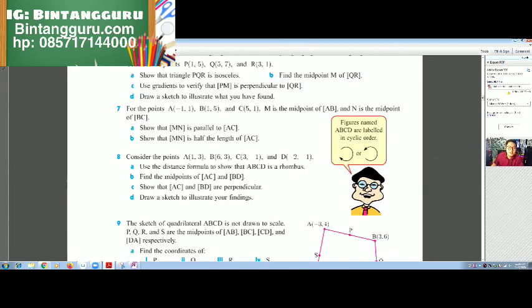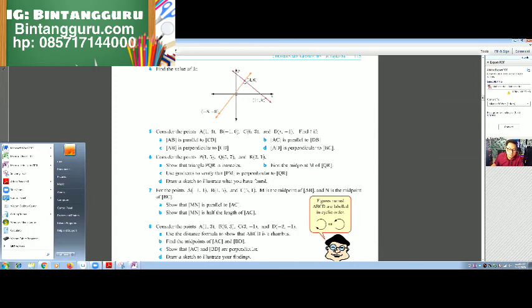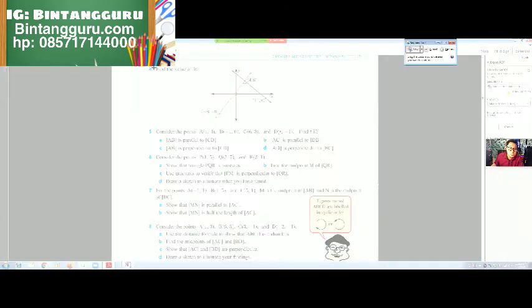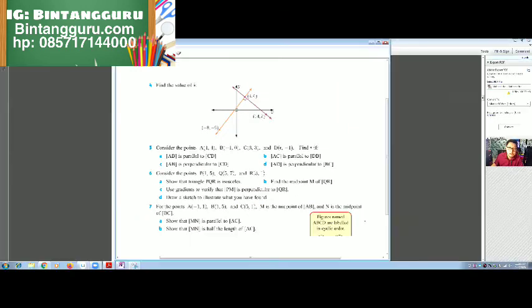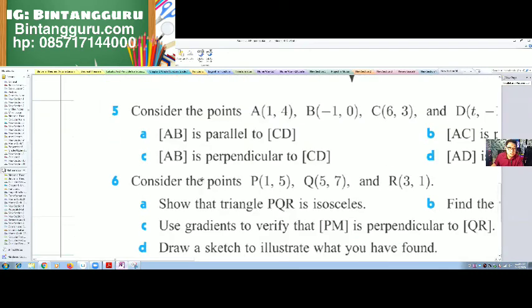I think I will do everything, because this is only... Okay, so I will do all the chapter. For your homework, you could see which question you will do. This is just for practice, so we will do everything. So we move to the next question.